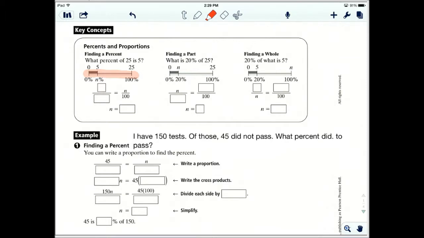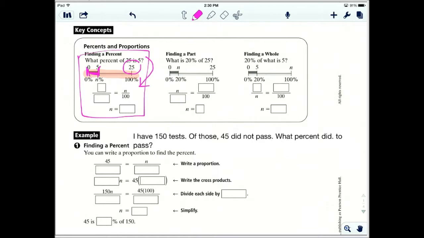So in this case, we want to know just from here to here, what is this out of the whole 25, which is representing the 25%. If you make this picture, this is going to help you fill this part in. Okay, so the 25 is telling me that's my total, that's my 100%.